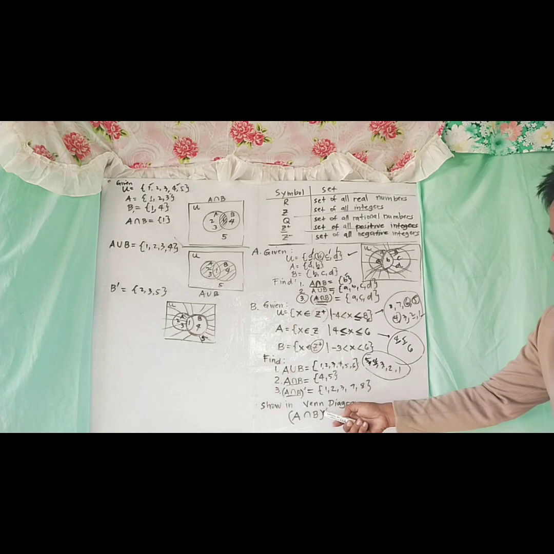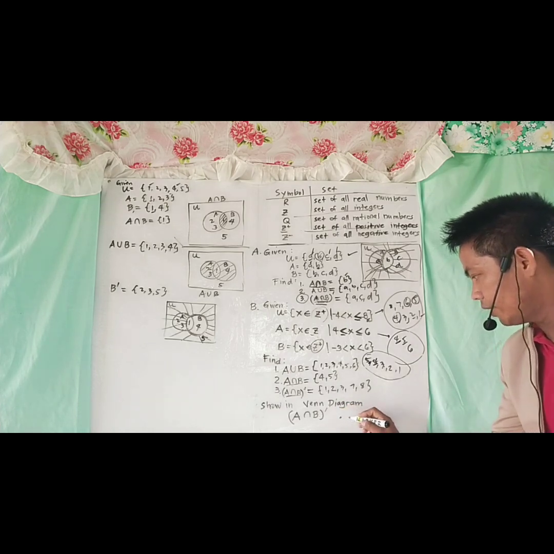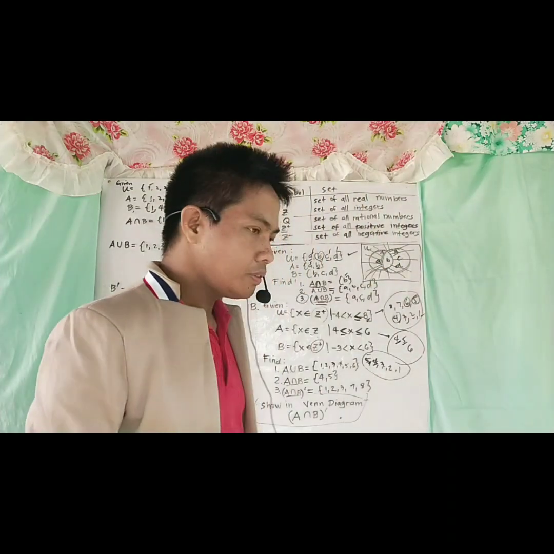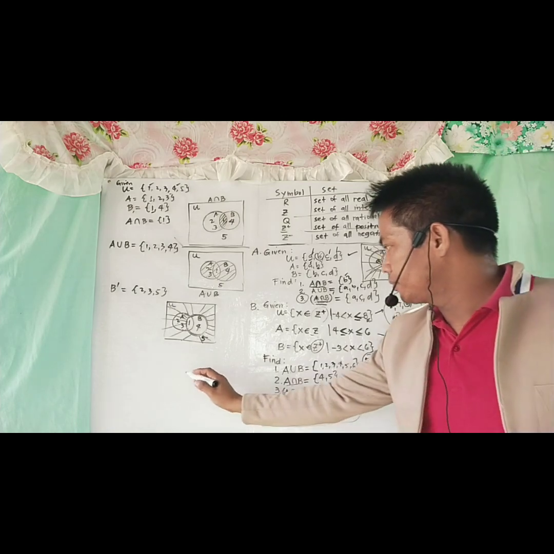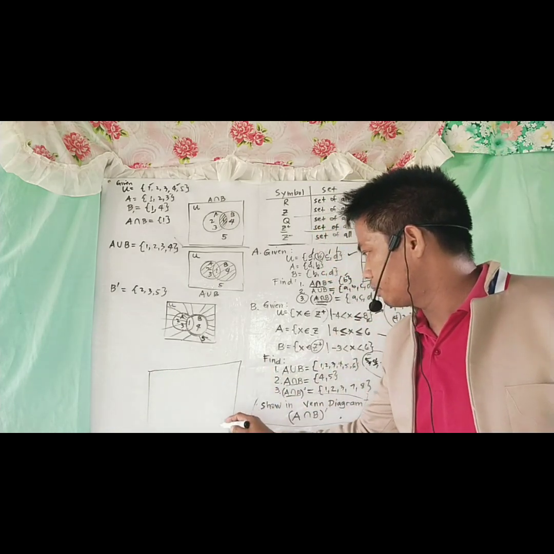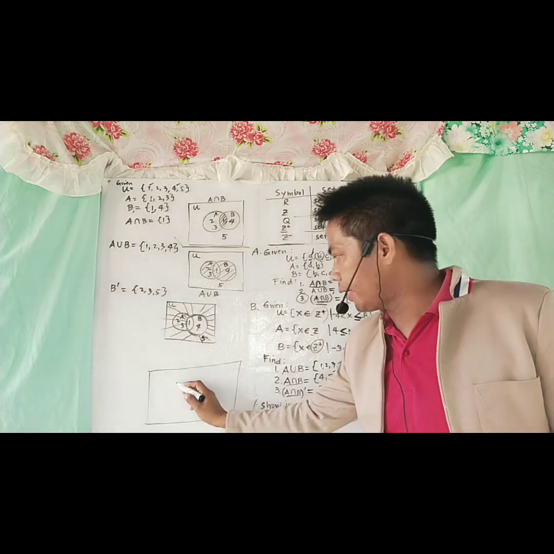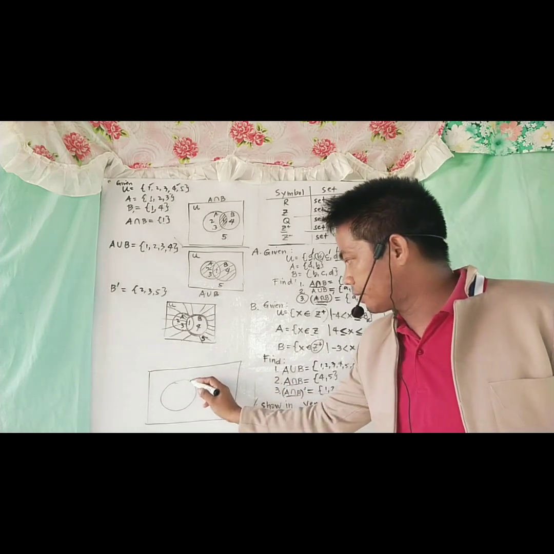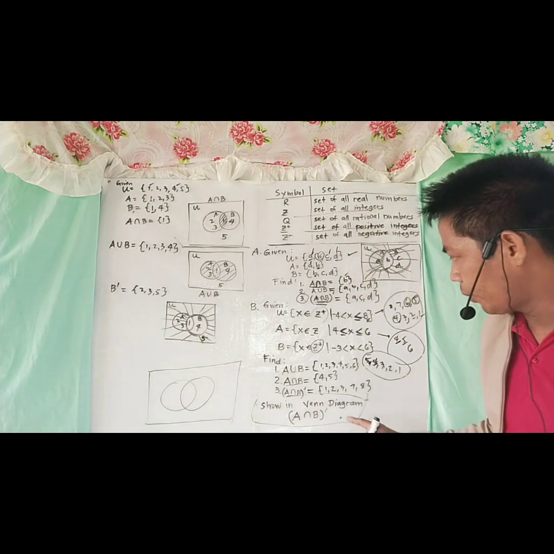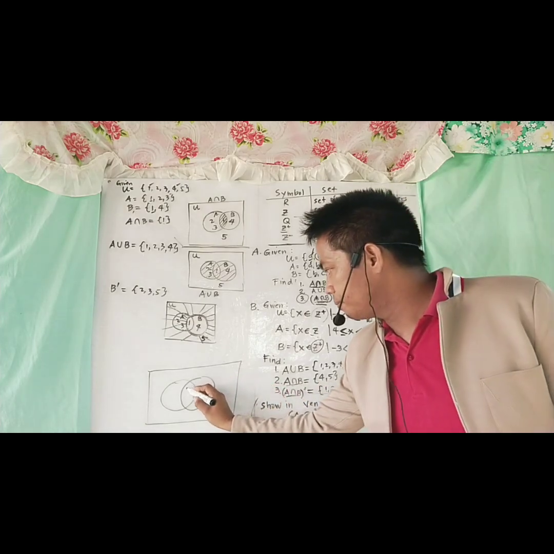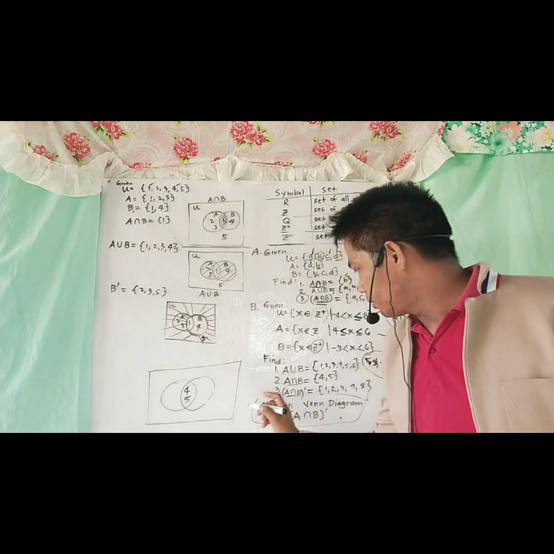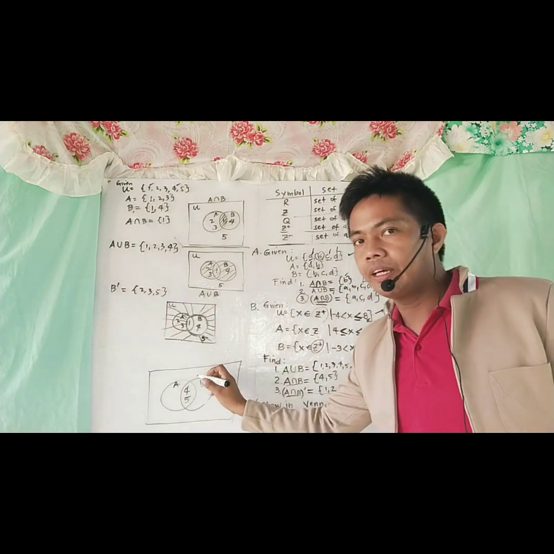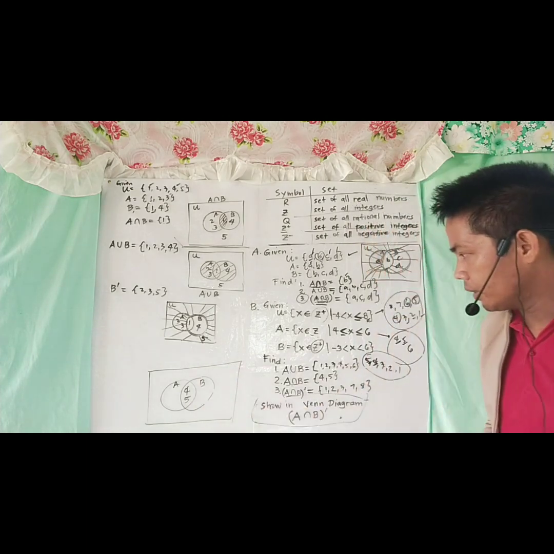Let us now show this in a Venn diagram. We have set A, and since there is an intersection, we have to intersect these circles. 4, 5 is the intersection of set A and set B, members of A that are also members of B. What are the other elements?